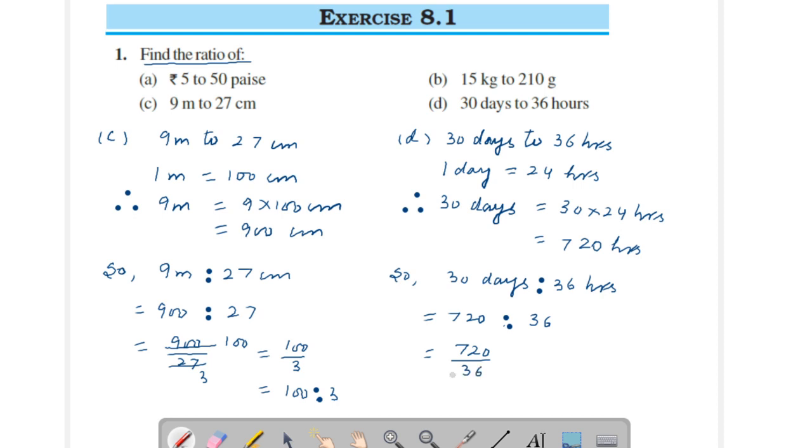Now simplify it. Here we know that 36 2s are 72. We can cancel it by 36. 36 1s are 36, and 36 2s are 72 and 0. We will get 20 upon 1, and in ratio form this can be written as 20 ratio 1. This is your answer.